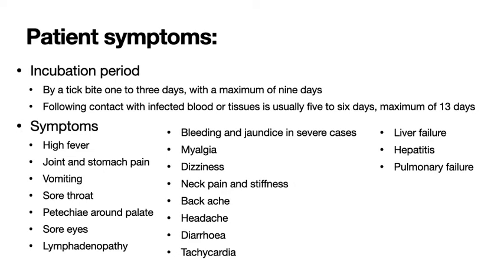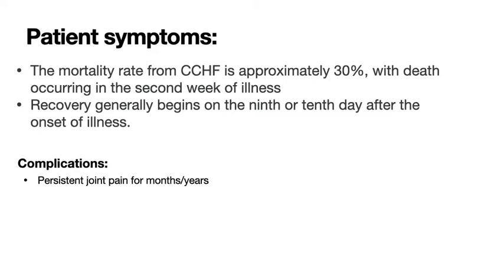There is usually evidence of hepatitis, and severely ill patients may experience rapid kidney deterioration, sudden liver failure, or pulmonary failure after the 5th day of illness. The mortality rate from CCHF is approximately 30%, with death occurring in the second week of illness.